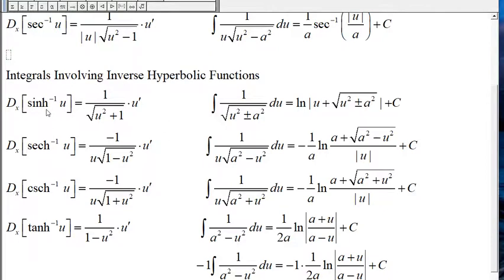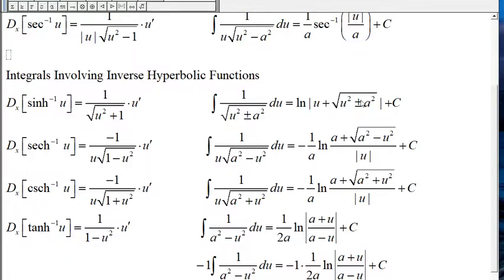Earlier we have seen that the derivative of the inverse hyperbolic sine is 1 over the square root of u squared plus 1. Instead of 1, if we have an a squared right here, then we can do a proof similar to what we just did. This will come out to be the natural log of u plus the square root of u squared plus or minus a squared. This formula is coming from this.